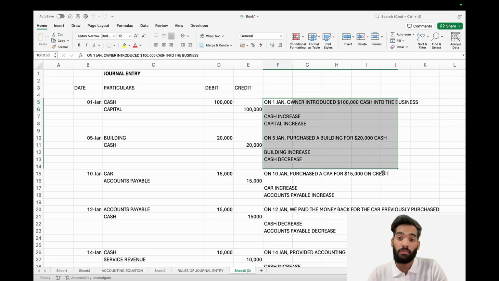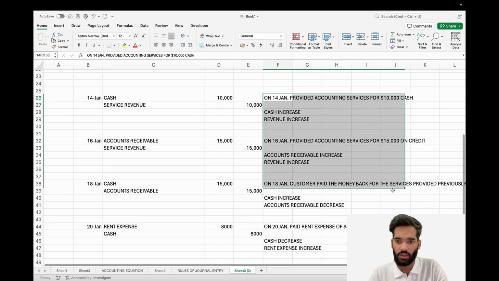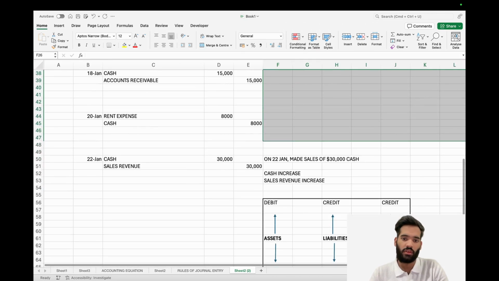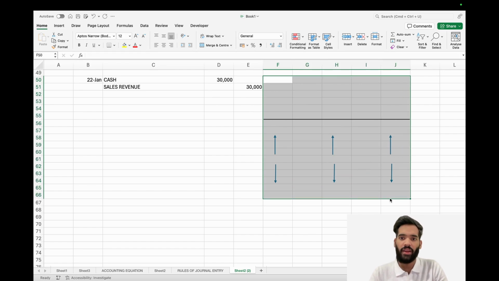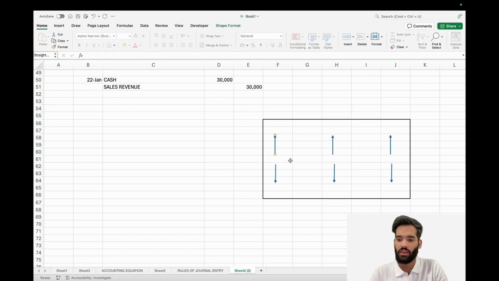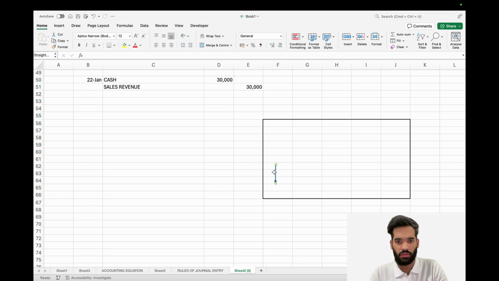Okay, so I'm going to remove all of the transactions here so I can show you how we make the T accounts. By now, I will guess that you have taken some time and have been able to get the rules memorized. So I'm going to remove this.